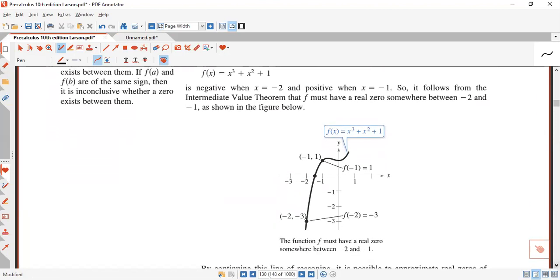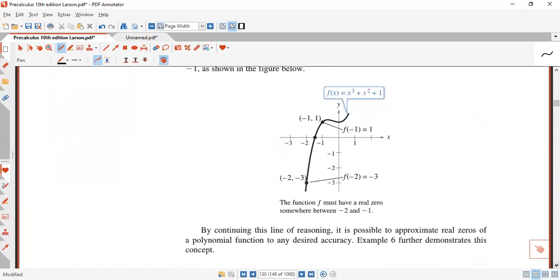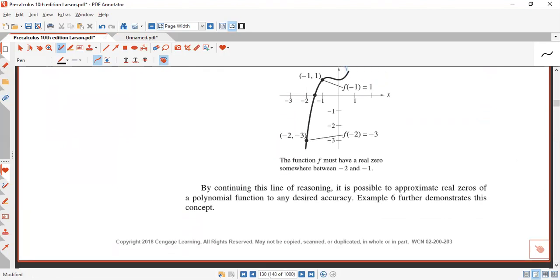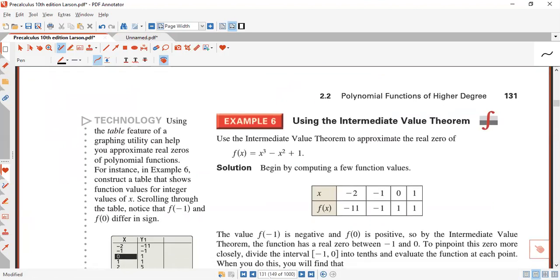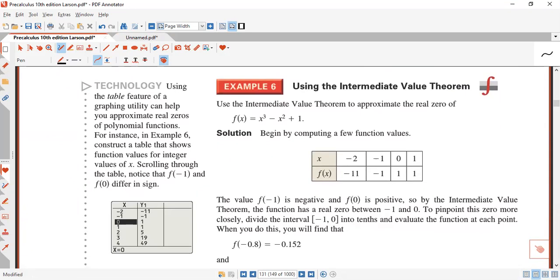If we have a positive value of the function and a negative value of the function, then, because it's continuous, there must be at least one zero, one x-intercept. So how you can use this, and what this theorem is in fact giving you, is a very important thing.